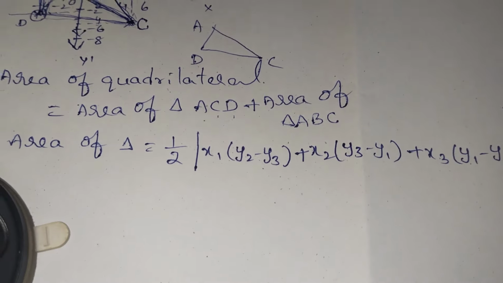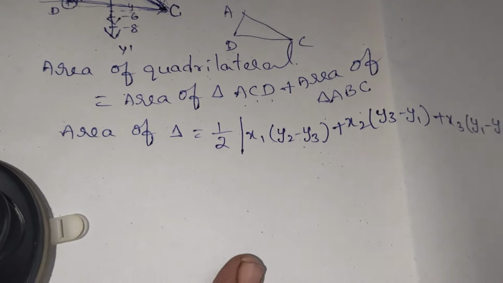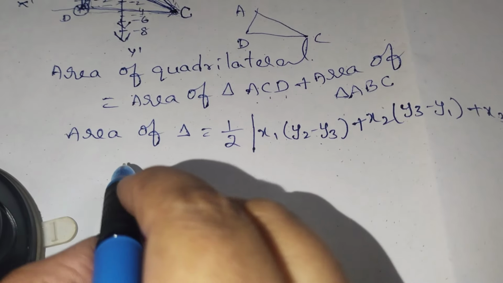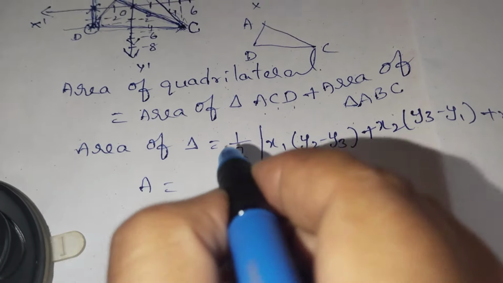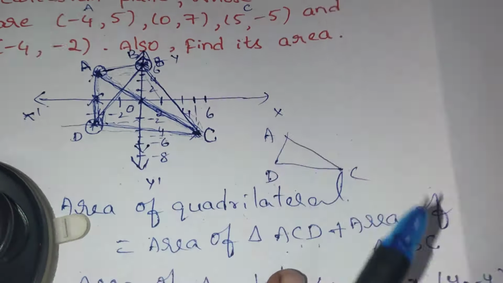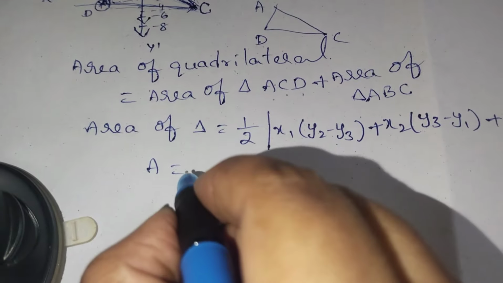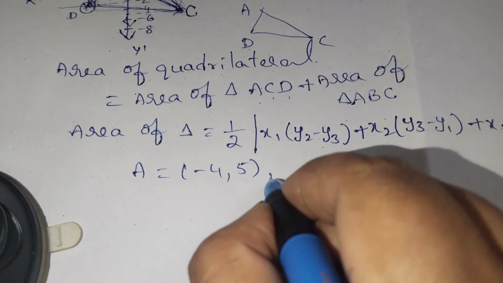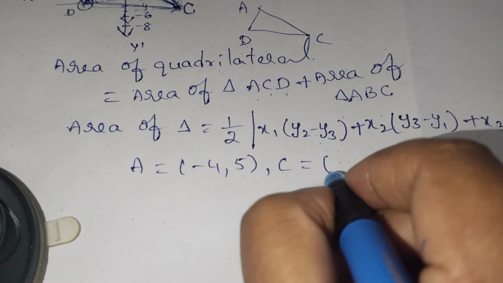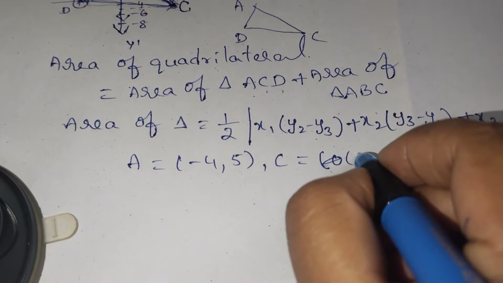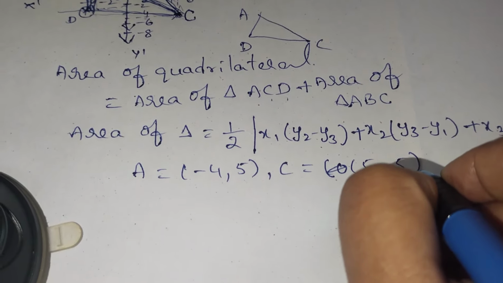So now we find the area of triangle ACD. In triangle ACD, what is the A point? A is minus 4 comma 5. So write that, minus 4 comma 5. What is the C point? C point is 5 comma minus 5.